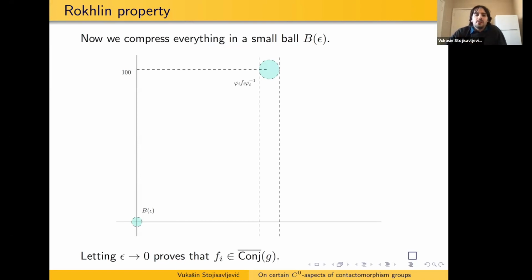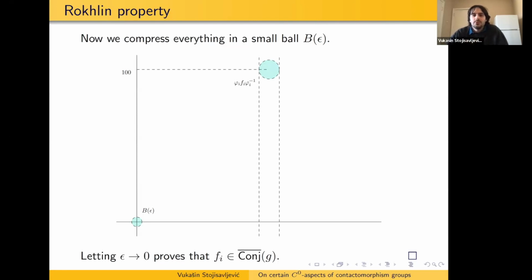Technically, we proved that φ_i f_i φ_i^(-1) belongs to the closure of the conjugacy class of g, but since this is conjugation invariant, then f_i also belongs. This is the end of the proof, because we picked f_i to be dense inside the whole group, and if you have something closed which contains a dense set, then it's the whole group.